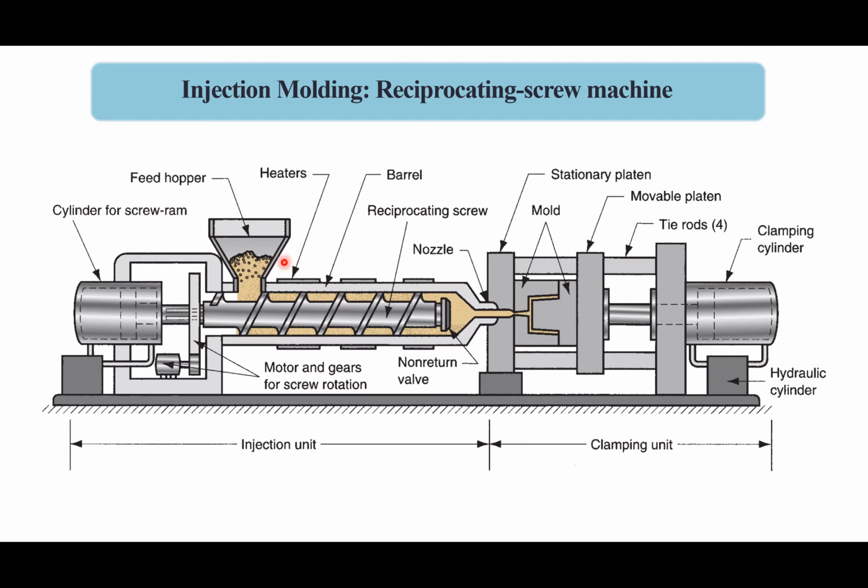Another component is the feed hopper, where we put all the raw materials, which include plastic resin, plasticizer, any coloring agent, or any fire retardant material, something like that. Whatever we need for the final product, we can mix all of them together and put them into the hopper, and the screw transfers them in the forward direction with its rotational movement.